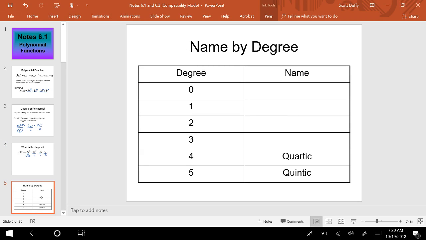Name by degree. If the degree is 0, the name is constant. It would be something like y equals 5. If the degree is 1, it would be something like y equals x plus 5, where that 1 is the exponent, and that would be linear.